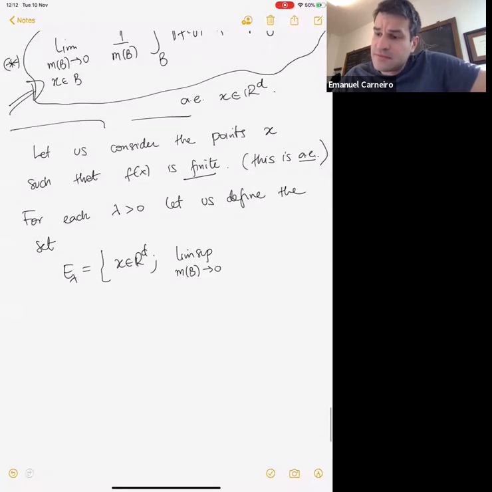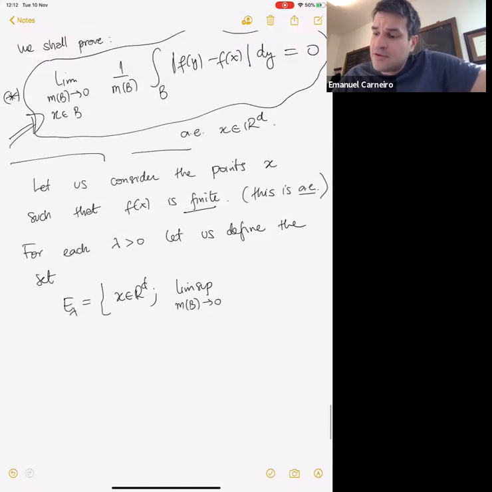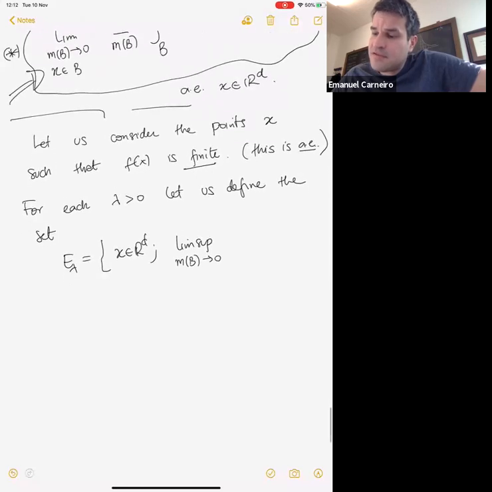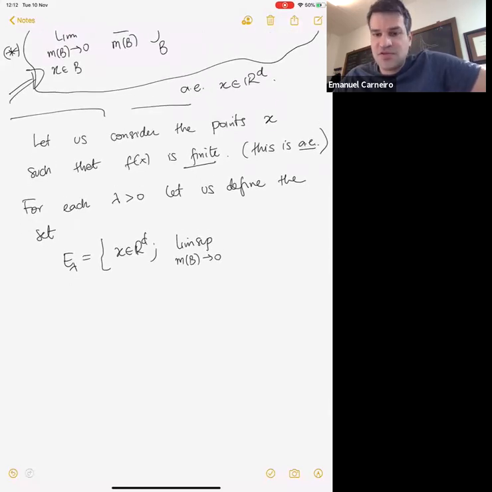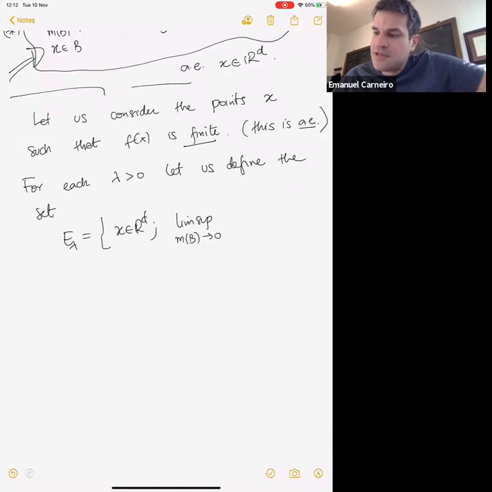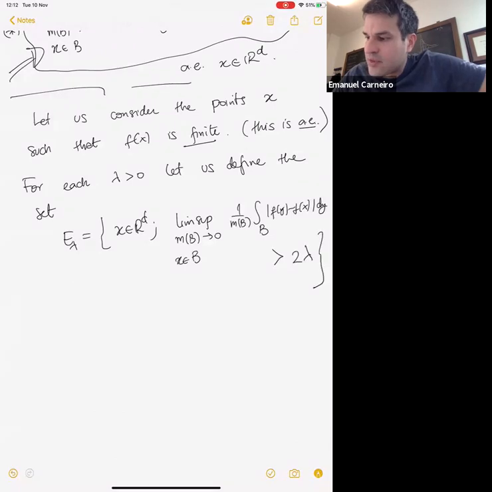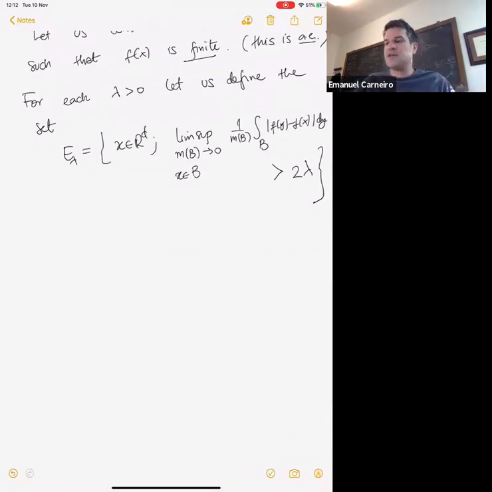We shall prove that. So for any lambda bigger than 0, let me define the set E lambda, which is a collection of points in R^d such that the lim sup, when the balls go to 0 and x is inside the ball, of 1 over measure of the ball, integral of |f(y) minus f(x)| dy over the ball, is bigger than 2 lambda. So let me call this the set E lambda.